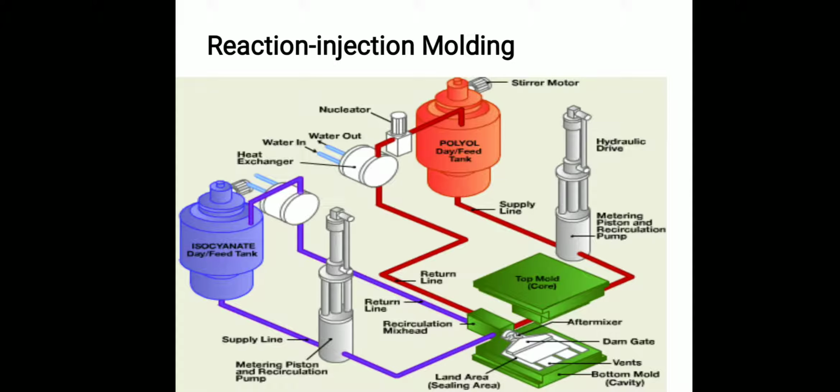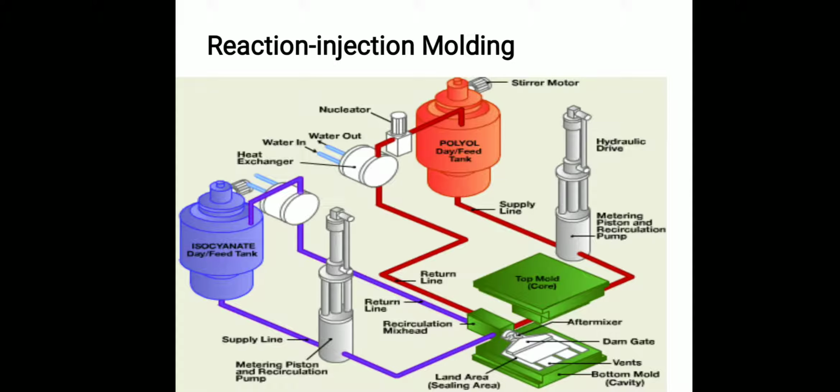The two ingredients form the components used in the catalyst-activated or mixing-activated thermoset system. The urethanes, the epoxies, the urea formaldehyde are examples of this system.